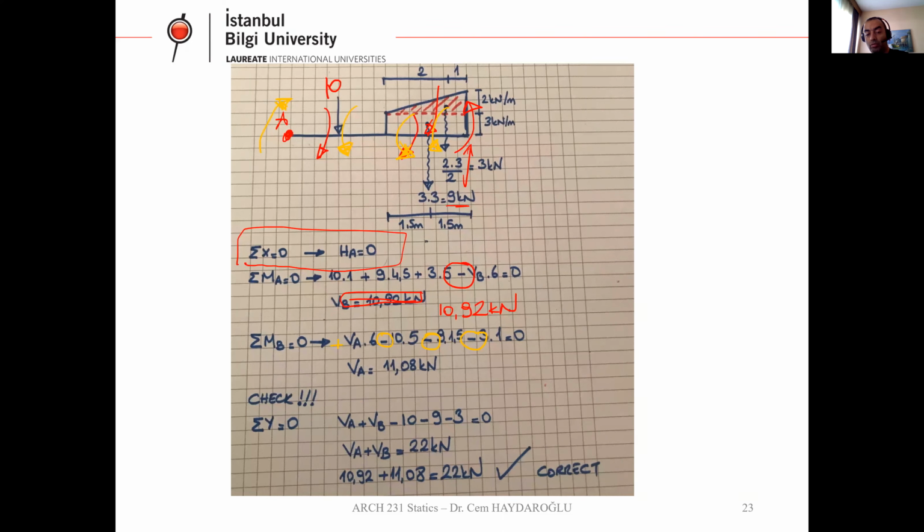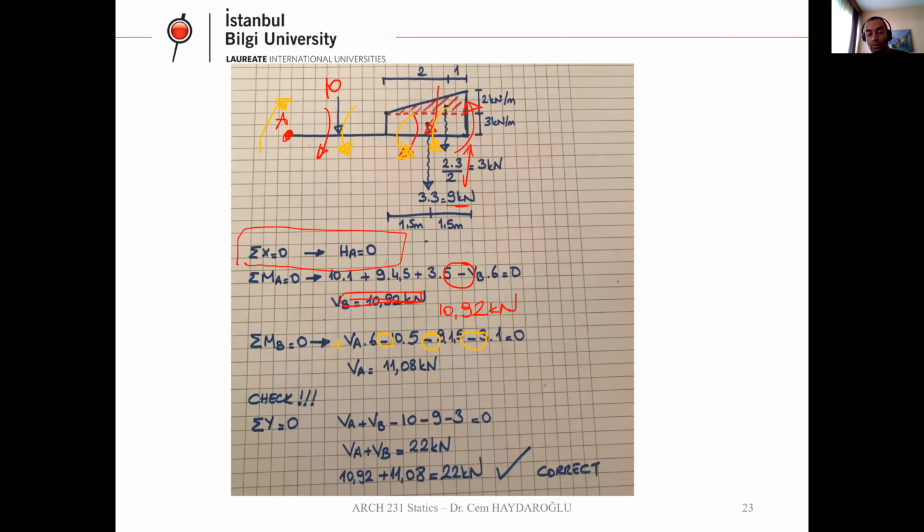If you write the total y equals 0, vertical A and vertical B are in the positive direction, minus 10 goes down, minus 9 goes down again in negative direction, and minus 3, which is in negative direction, goes down, equals 0. So here, what we get, vertical A plus vertical B equals 22 kilonewton, as you can see at the bottom.